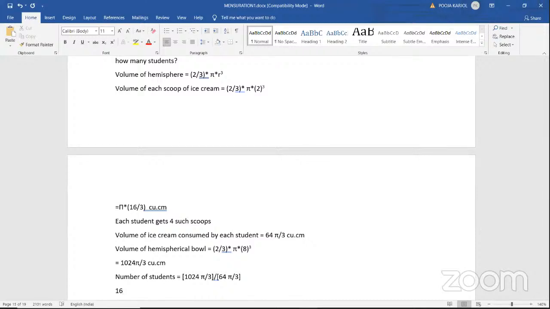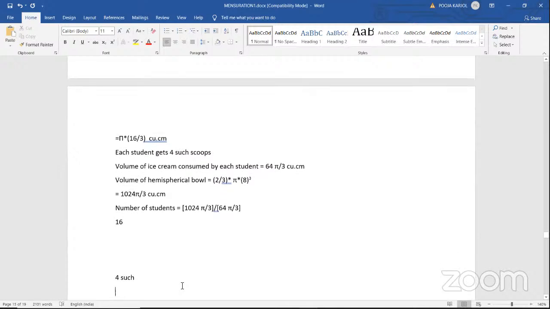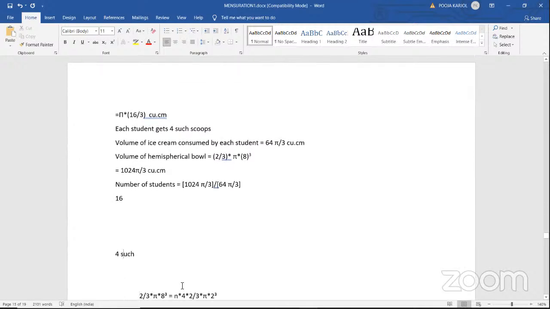When you are asked such type of question in exam, obviously do not go through this much detail. I'm just telling you each procedure, that's why I'm going in detail. Otherwise, your answer should be like this: 2 by 3 pi into 8 cube is equal to n number of students.